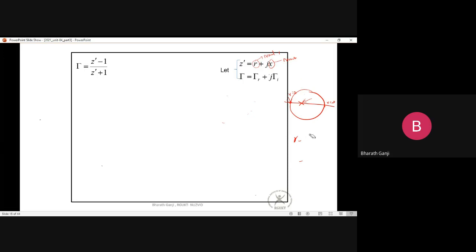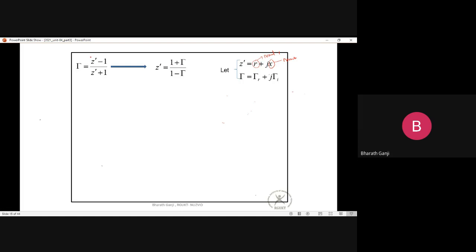So anyway, let me put this here and let us see what happens. Here r is the normalized value. Because z dash is a complex number, when you plug it in, you get a reflection coefficient which has both real and imaginary parts. So I substitute tau as tau r plus j tau i, and z as r plus jx. Or I can also write z dash from tau as z dash is equal to (1 plus tau) by (1 minus tau).